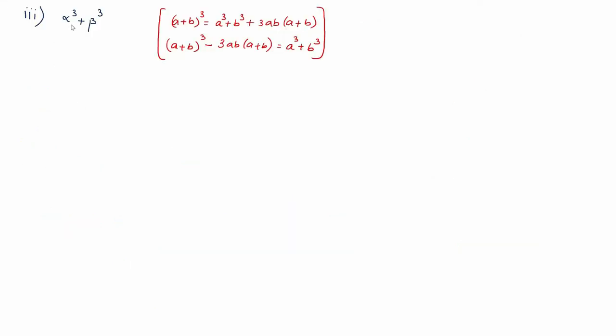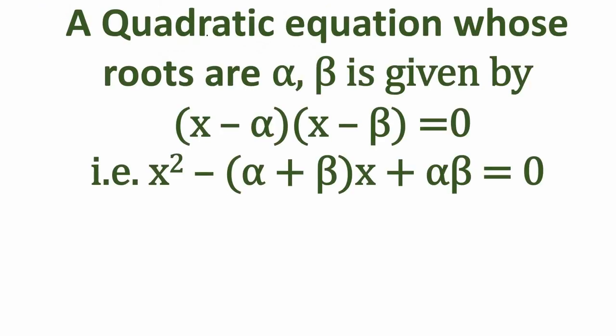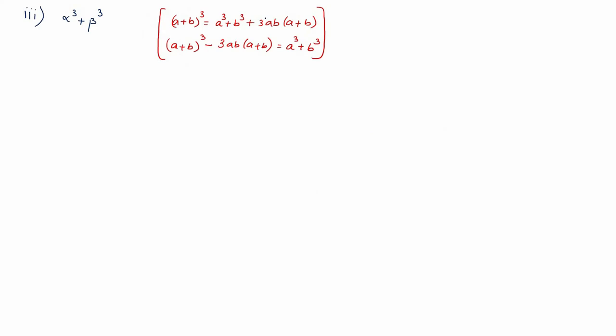Now the third term is to find the value of α³ + β³. We have the formula (a + b)³ equals a³ + b³ + 3ab(a + b). If we transfer this 3ab to the other side, we have (a + b)³ − 3ab(a + b) equals a³ + b³.